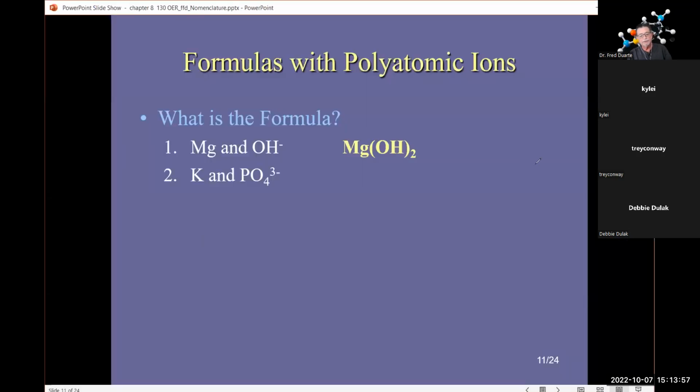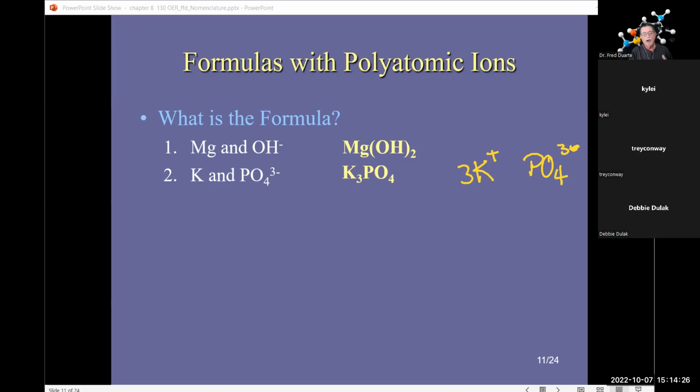Then we have potassium, which is K, and like sodium it is in group 1. The PO4 polyatomic ion is a -3, so we need 3 potassium ions. Very straightforward, we just write K subscript 3, PO4. We don't need parentheses around the PO4.